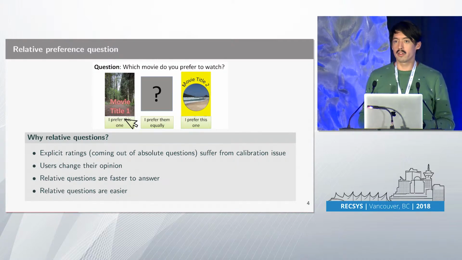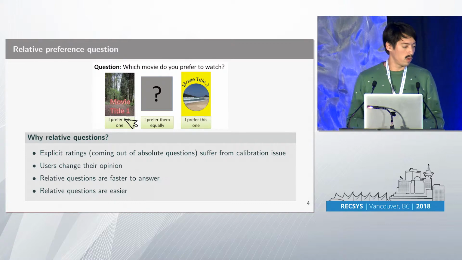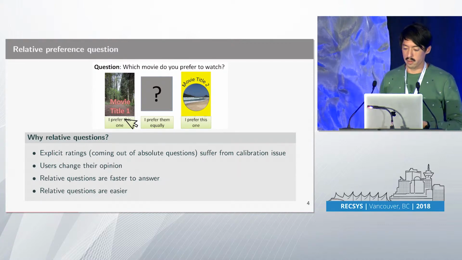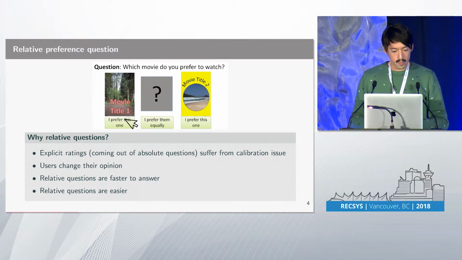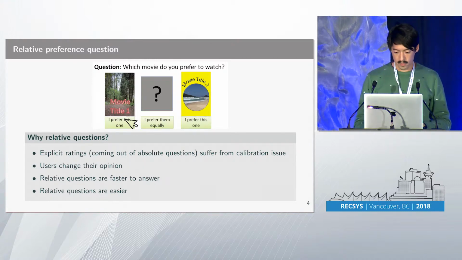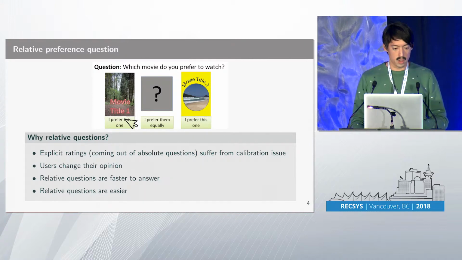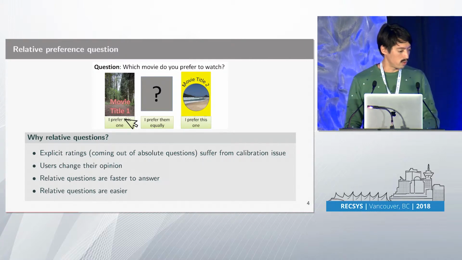And users may change their opinion. For example, after having seen a certain item, then the next item may be rated lower. And finally, relative questions are faster to answer and are easier. So those are the motivations for looking at relative preference questions.